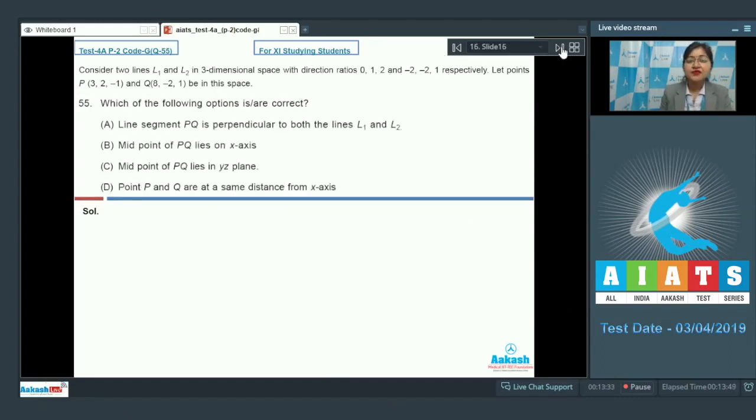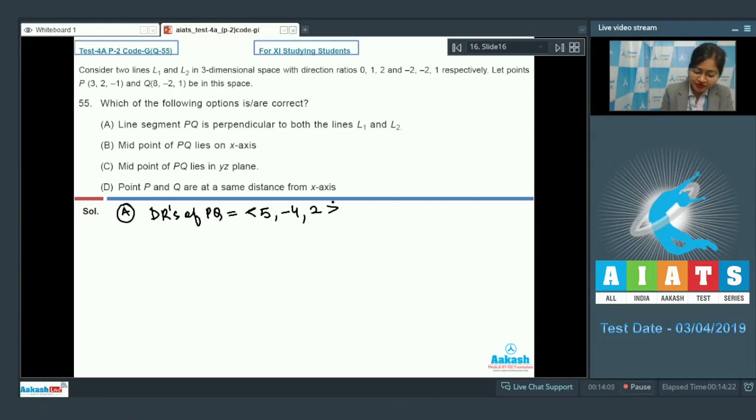Next is question number 55, which says that which of the following options is or are correct. Now here let us go option by option. Option number A says that line segment PQ is perpendicular to both the lines L1 and L2. Let us write down the direction ratios of PQ. That will be equal to Q minus P, that is 8 minus 3, 5, comma, -2 minus 2, that is -4, 1 minus -1, that is 2.